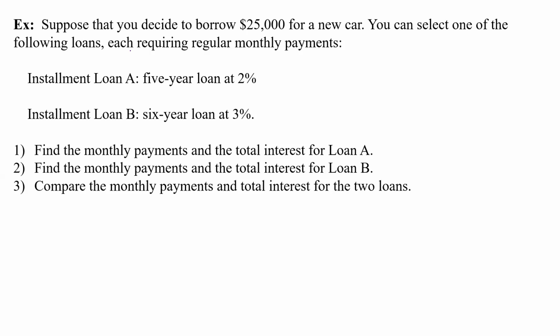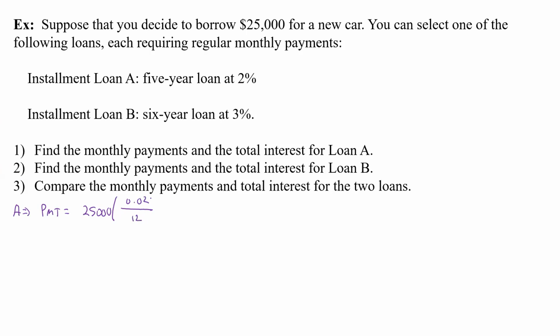All right, so first things first, what do we have? Well, for the first one, let's call it A. We have to find the payment. So the payment is equal to what? Well, we are borrowing $25,000 times the rate of 2%. So again, we have to put that as a decimal, 0.02, divided by how many times it's compounded.